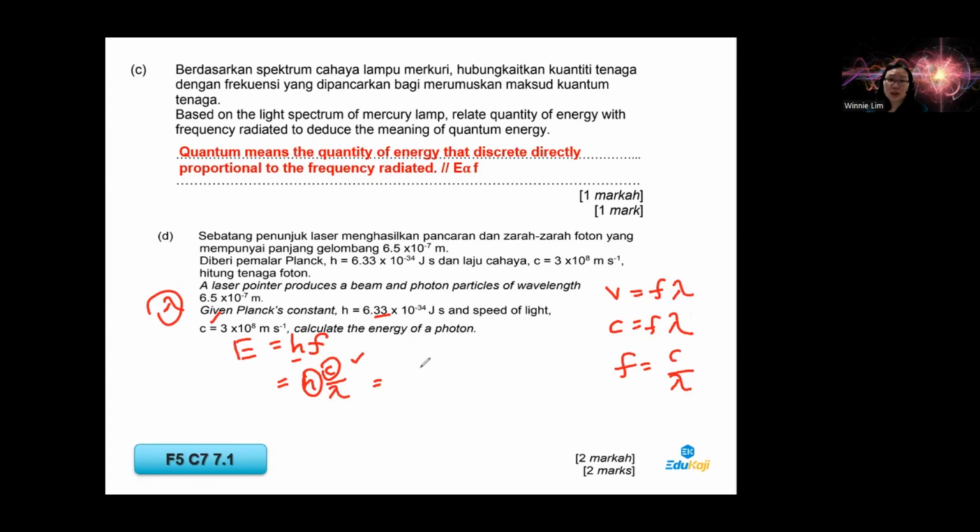According to the given information, 6.33 times 10 power negative 34, speed of light is 3 times 10 power of 8, the whole thing divided by wavelength 6.5 times 10 power negative 7. Again, the teacher always wants to emphasize this. Whenever you divide, if the bottom has standard form multiplied by something, make sure you bracket it when you put it in the calculator.